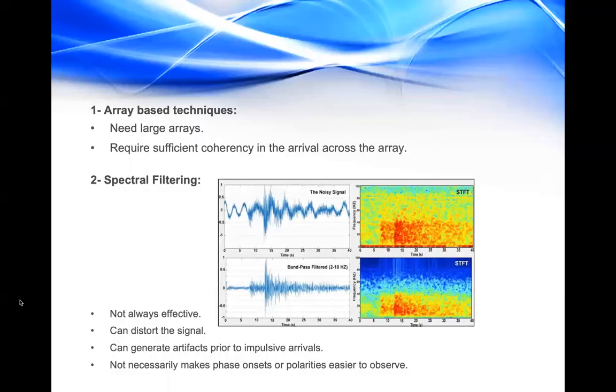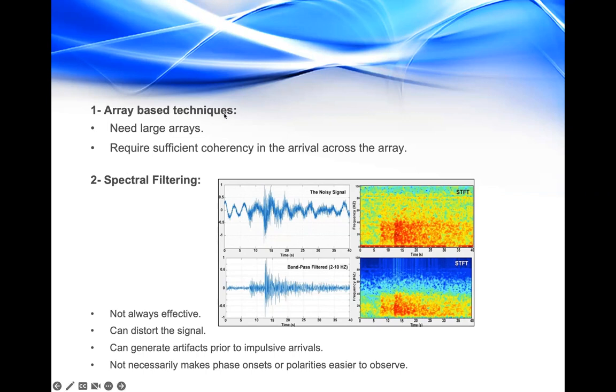Seismic data almost always contains some unwanted energy, which can be either different types of noise or other types of signals that are not of interest for a particular application. One approach to enhance the signal to noise ratio prior to the main processing is to use array-based techniques, which requires having a large array of sensors and sufficient coherency of arrivals across the array.